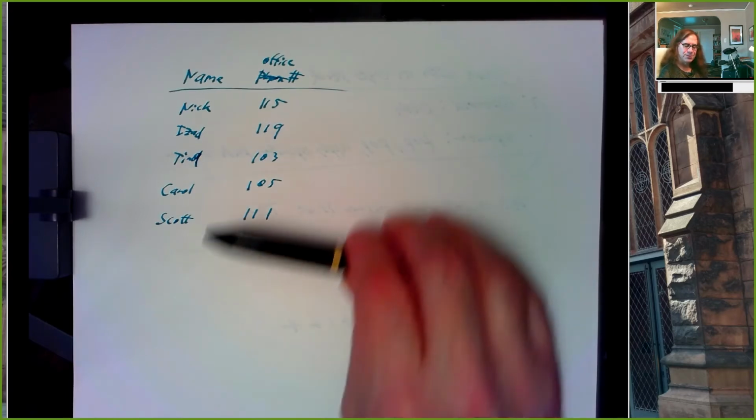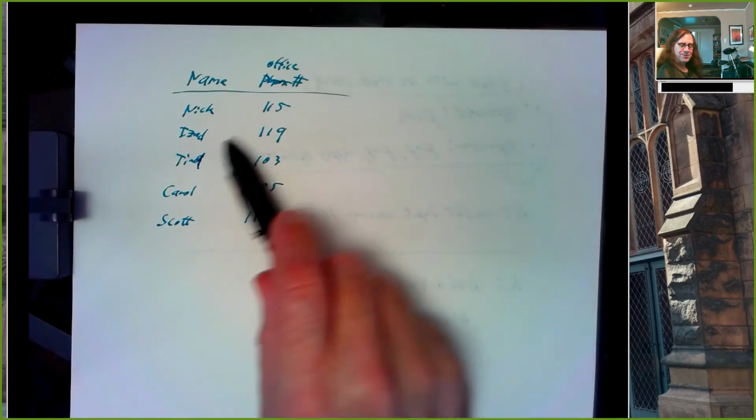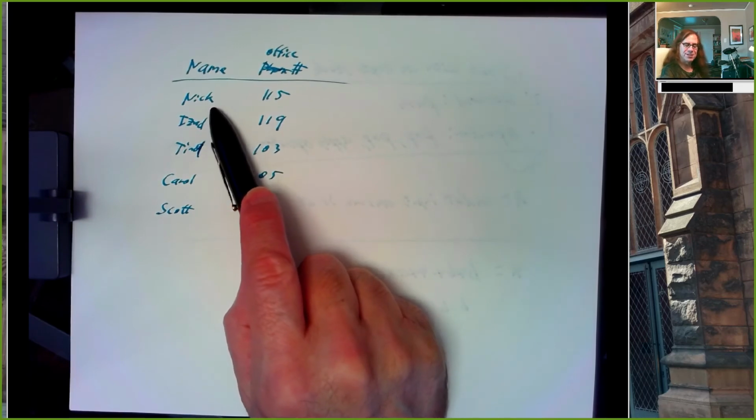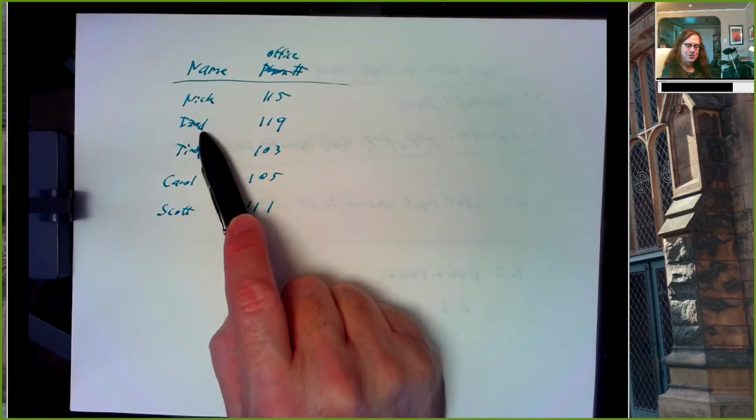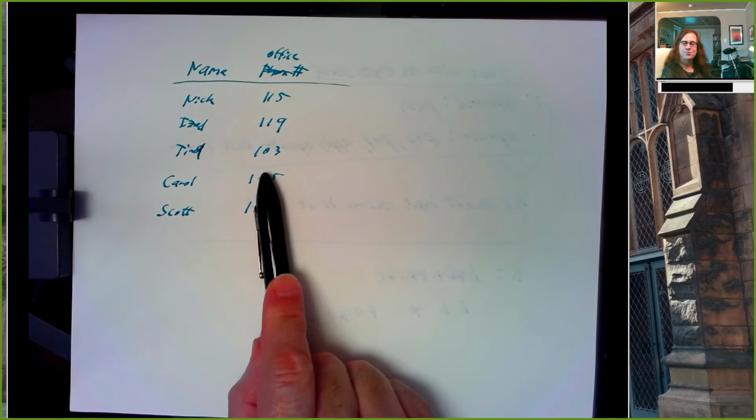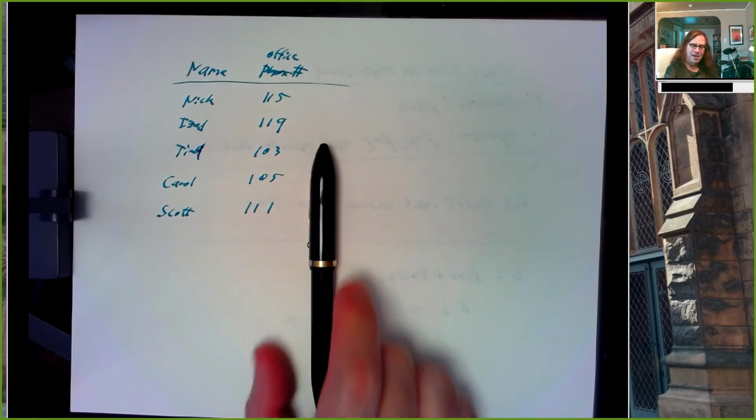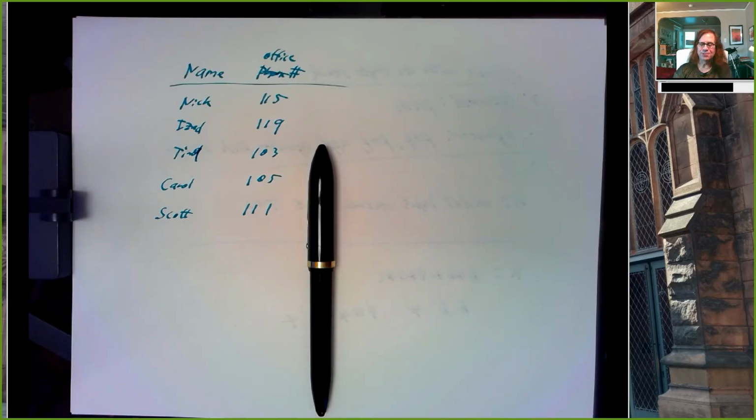So we go through each element in the array and ask, does this name match Tina? No. Does this? No. Does this? Yes. Okay, Tina's room is 103. And that's great in this case, but if Tina was the 5 zillionth entry on the list, that would take us 5 zillion operations.